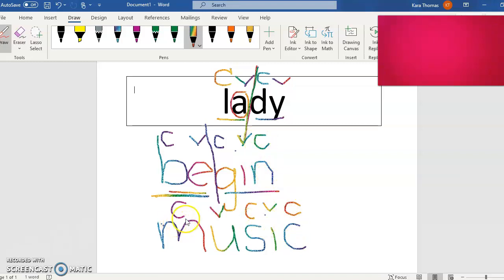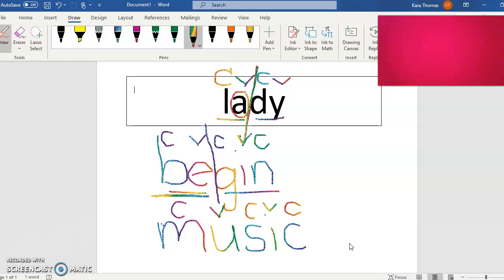We still have consonant, vowel, consonant, vowel. Our pattern is still there, even with the extra consonant at the end. So in our rules, it says that we can break the word apart into syllables after we hear the first vowel. Let's say the word together.